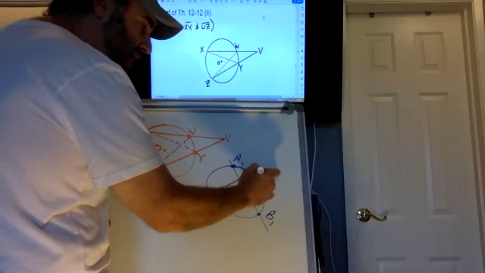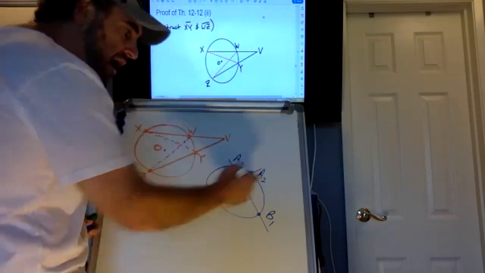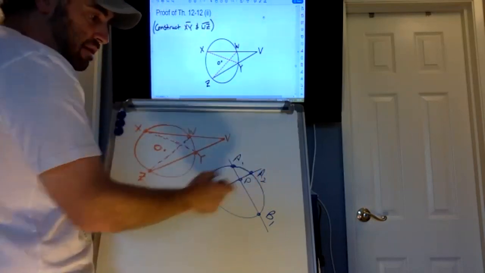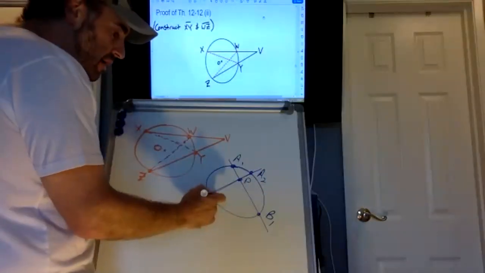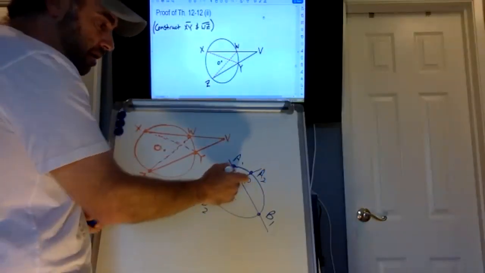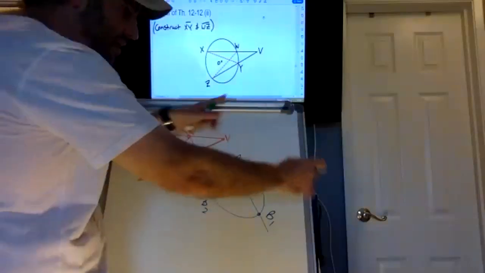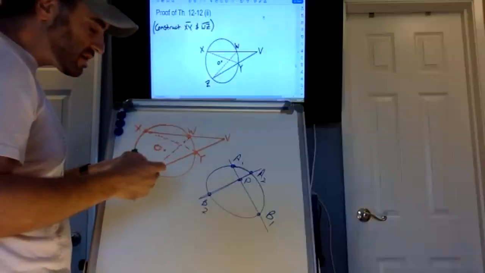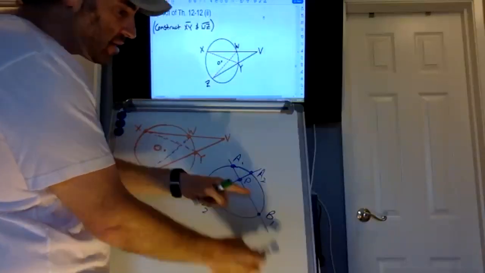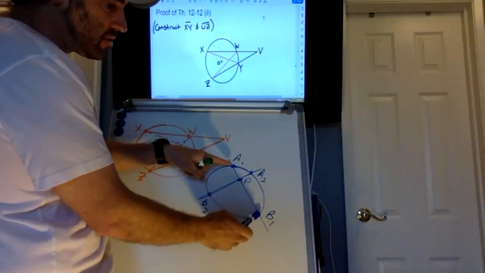If you had an A2, B2, this other line along, and remember there's infinite lines that go through point P. So there's an infinite amount of these. Again, it's not what's happening out here, it's how this line is interacting with the circle. But we discovered that that line that you draw is going to interact with the circle in 2 points.